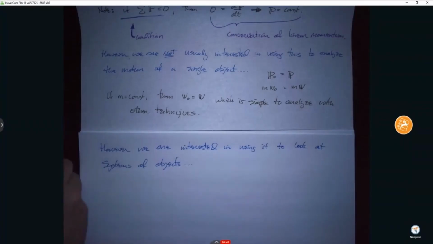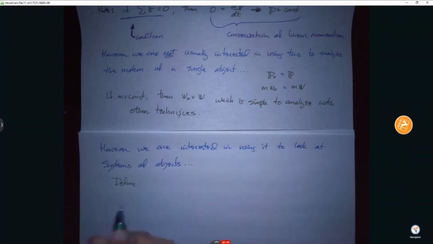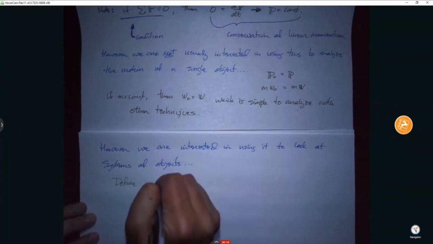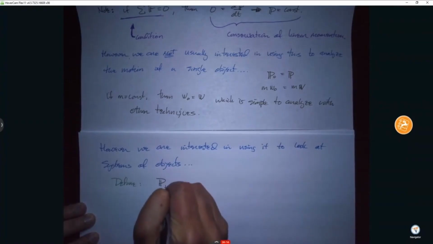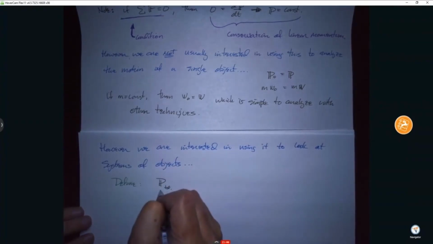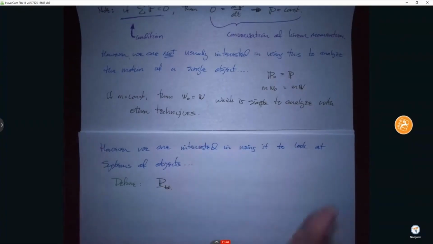And so what they do is they go in and they will define what they call the total momentum. Usually, to help me out, I put bars on the bottom so I can tell that's a capital P instead of a lowercase p.